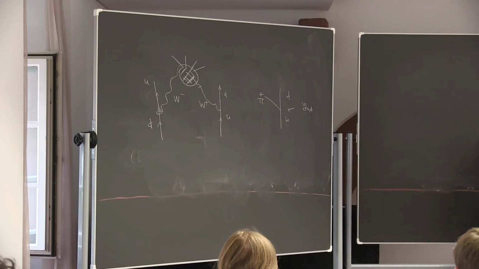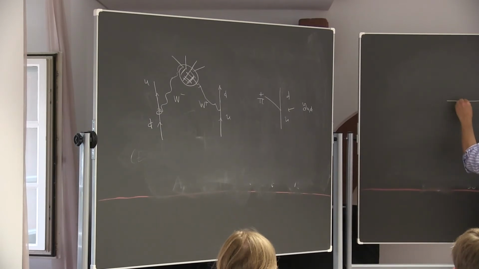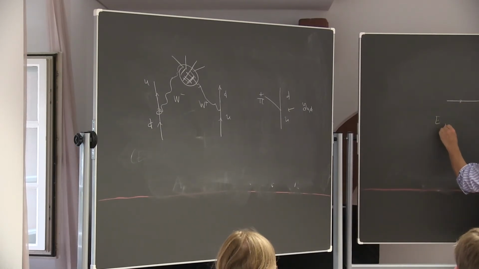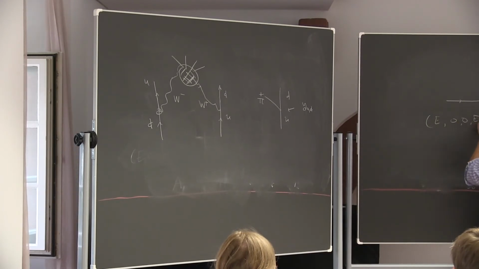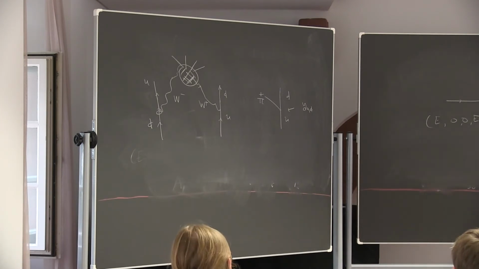You make the approximation that you start with a quark with momentum, let's say, E, 0, 0, E. You have this split into two almost collinear pieces. In this case, the quark and the W boson, with momentum fractions E times (1 minus Z), 0, 0, E times (1 minus Z), and E Z, 0, 0, E Z. Now, this guy has to be on shell in that diagram.